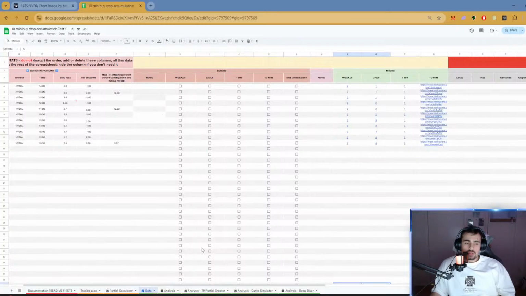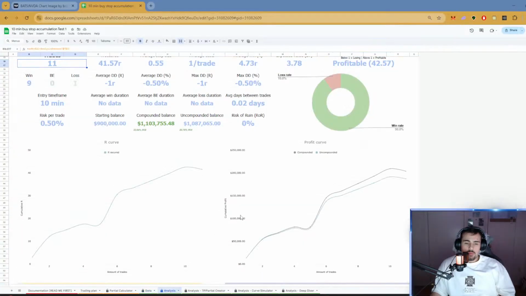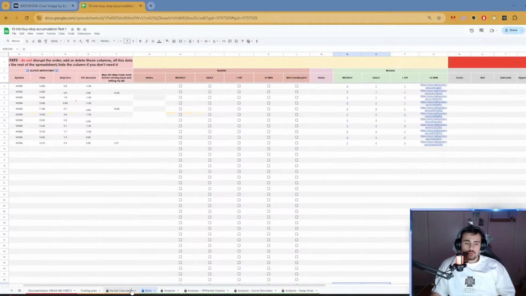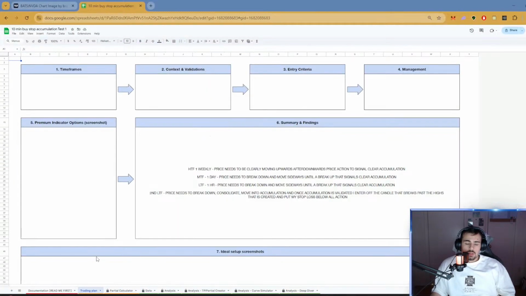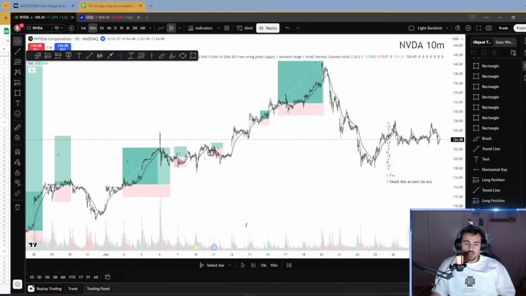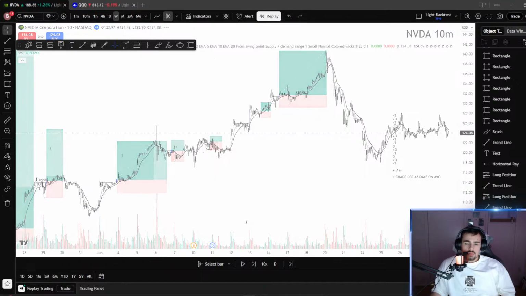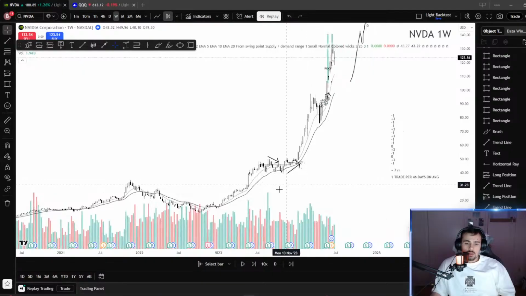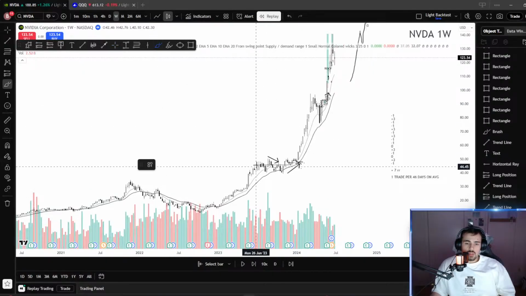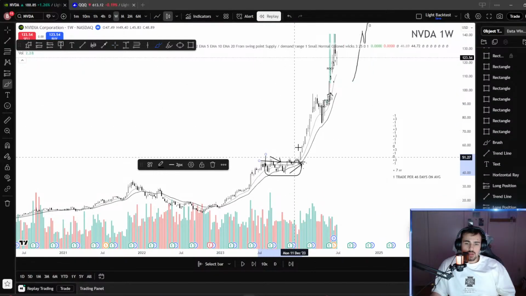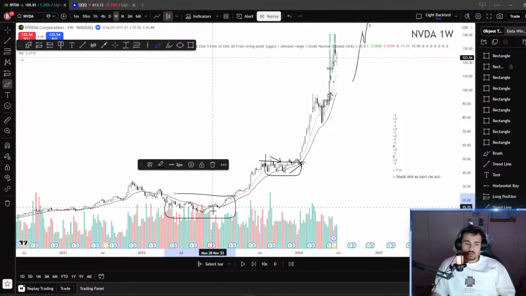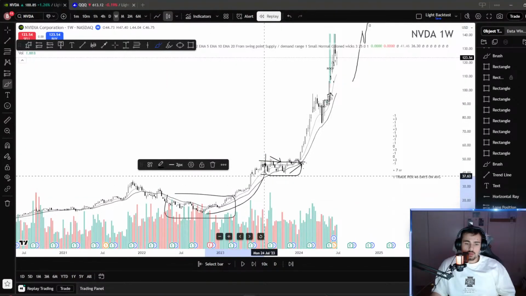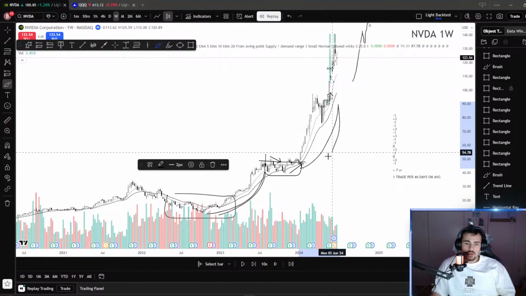But what I wanted to let you guys know is if I go back to my rules and I read it, so my weekly price needs to be clearly moving upwards after downwards price action to signal clear accumulation. If I go back to my weekly, price must be clearly moving up after downwards or sideways price action, like it does in this area and this area.